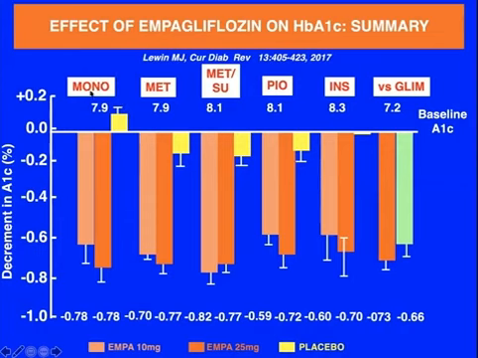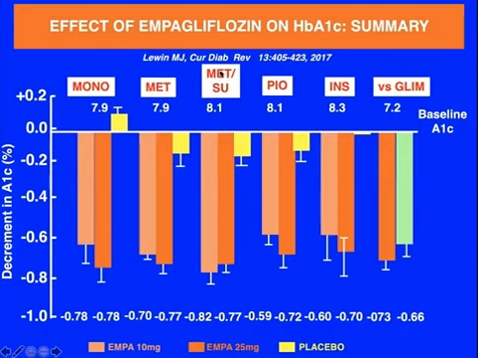So here now, we're going to take drug-naive patients, and we're going to add either low dose or high dose empagliflozin compared to placebo, and we're going to look at the decrement in A1C. The starting A1Cs are at the top. You can see they're about 8. So these people are not that badly controlled, but despite this, we're seeing a nice drop of about 0.8 to 0.9% in the A1C.